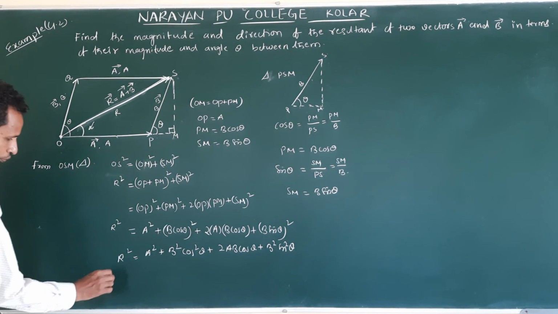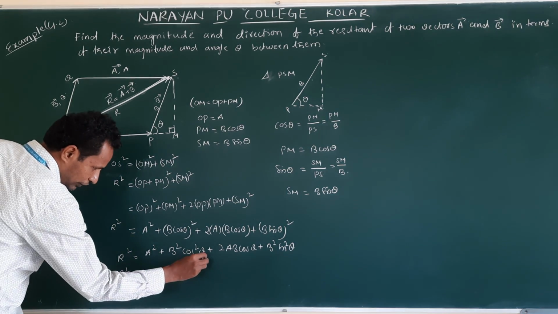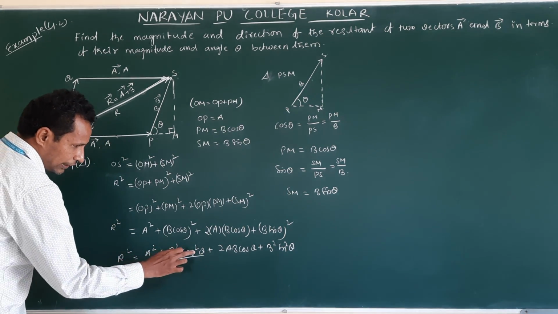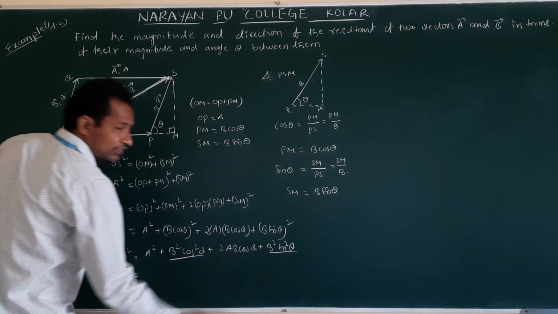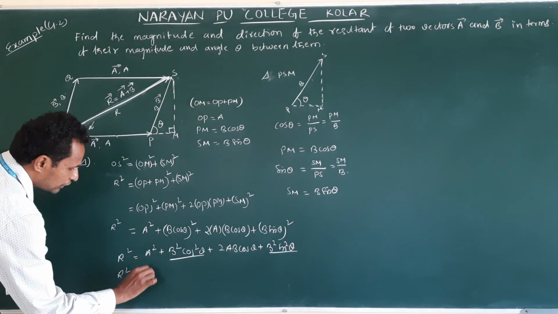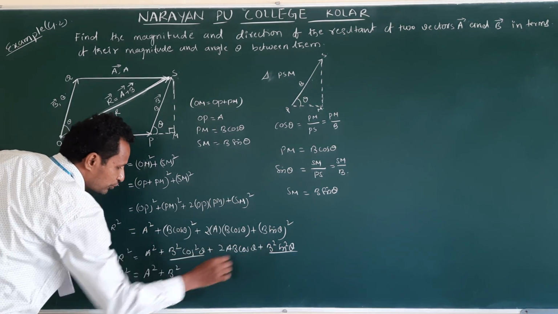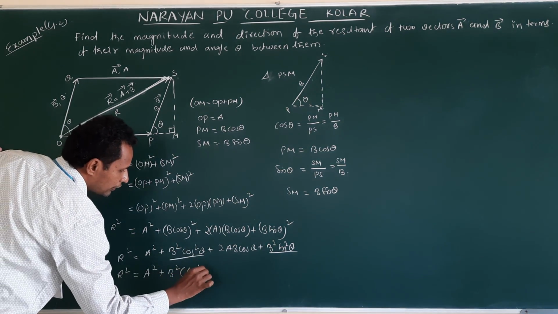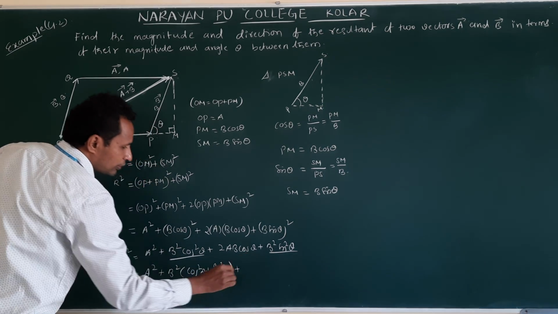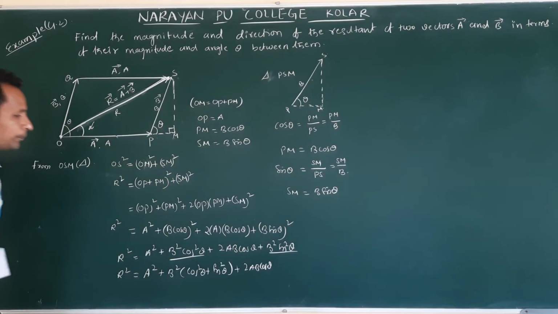Clear? Now see this equation. A square common, don't worry about A square. B square cos square theta, B square sin square theta. What is common? B square is common. So we can write A square plus, taking B square common in these two terms, cos square theta plus sin square theta, plus 2AB cos theta.